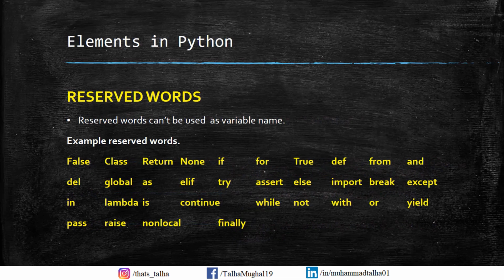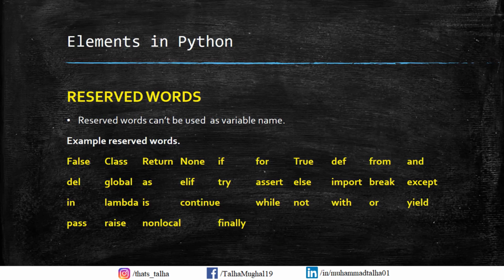In Python, we have several reserved words for different functionality. Those reserved words can't be used as variable names. For example, False, class, return, None, if, for, True, def, and a couple more. In Python programming, all of these reserved words are used for specific tasks.